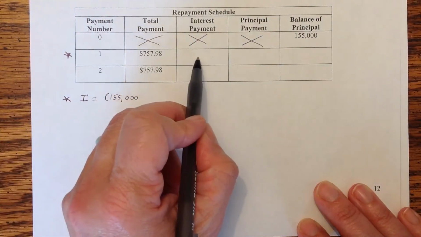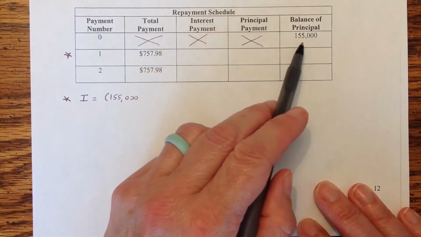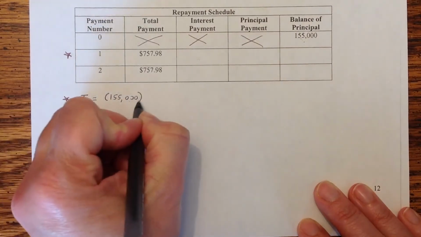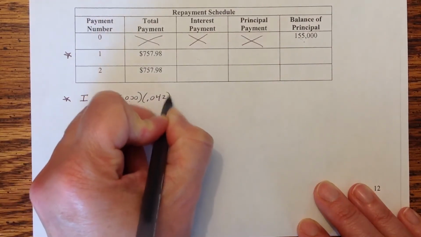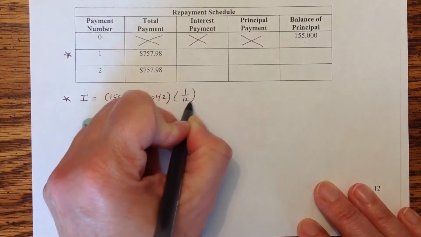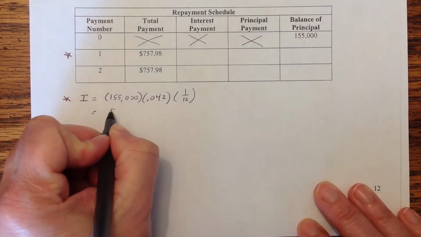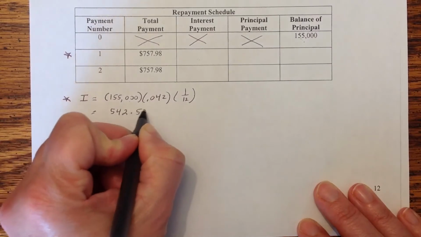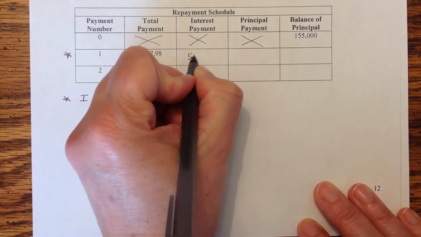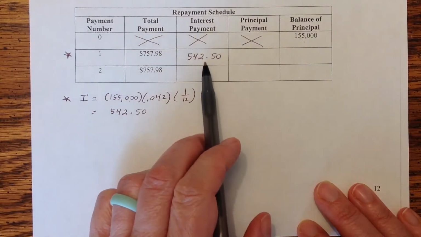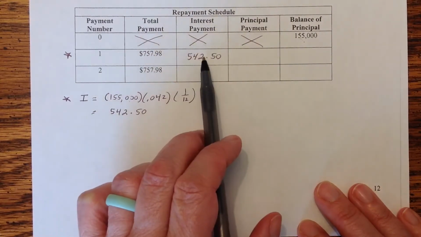I haven't made any payments to this principal yet, so I use this full amount times 0.042 times 1/12 because we're just interested in interest for a month. So we get $542.50. So that's what goes here, $542.50. This is the portion of this number that goes to interest.